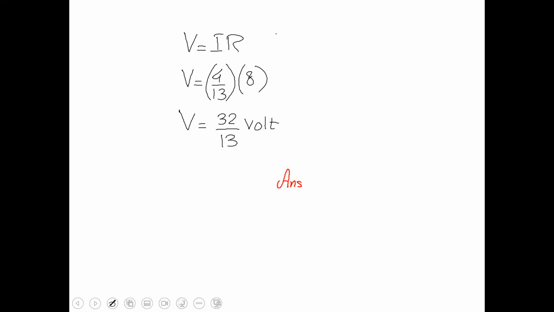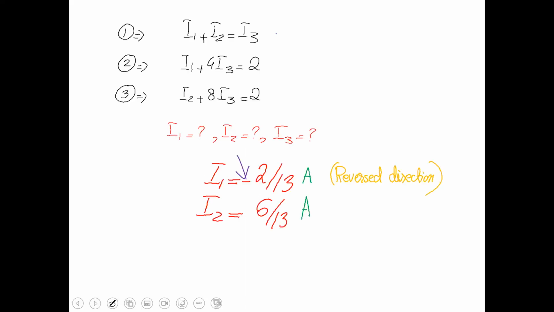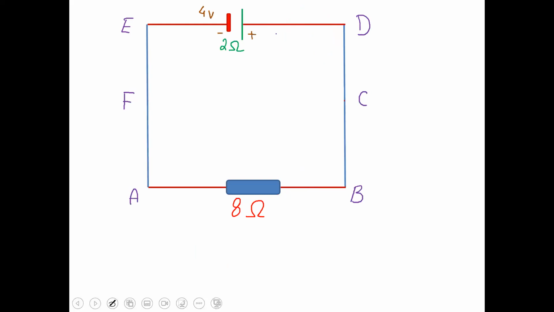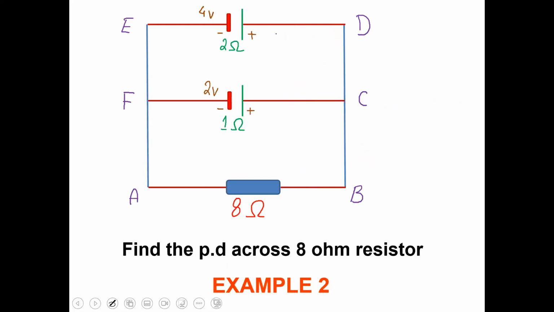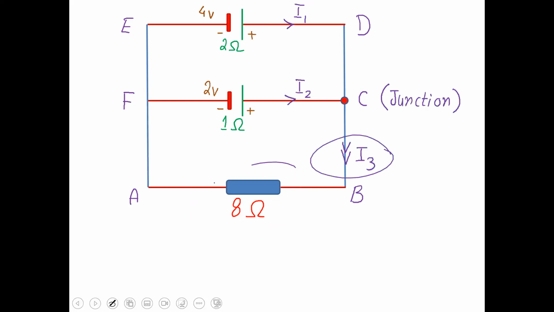It's 2.5. Locate the voltage. We know the current which is going through the resistor, and we have the resistor 8. When we started the question, this was the question. So 8 ohm is the resistor, and the current coming here was I3. So 8 ohm into I3.